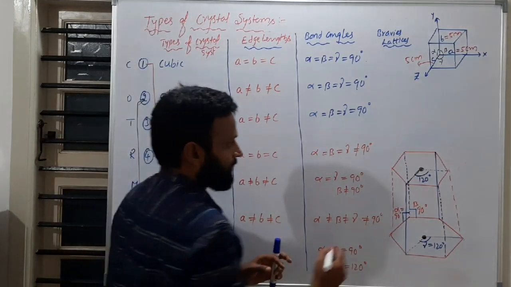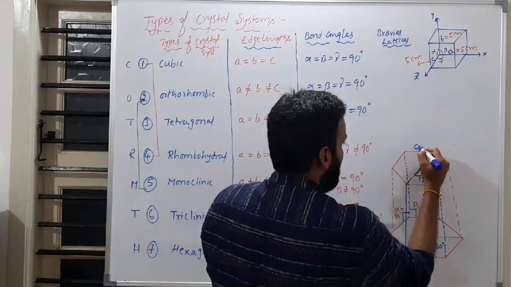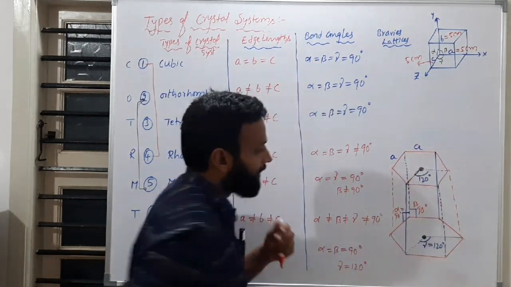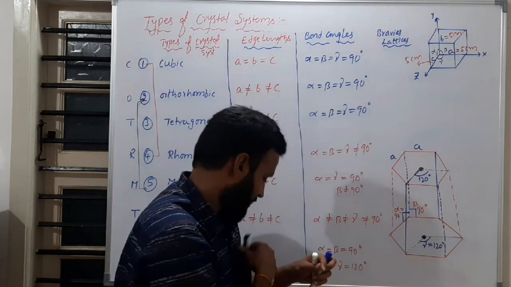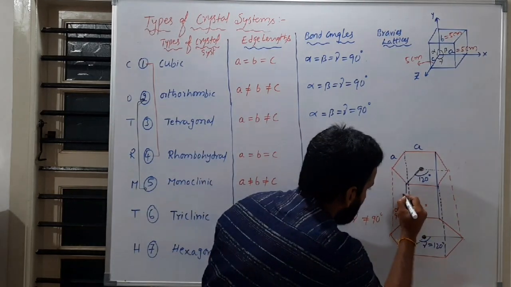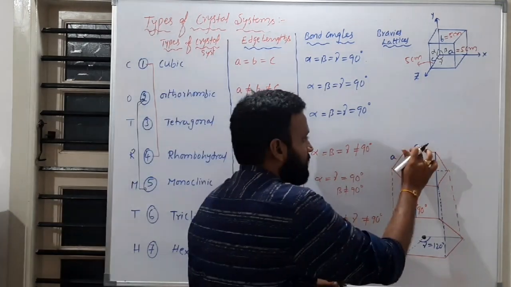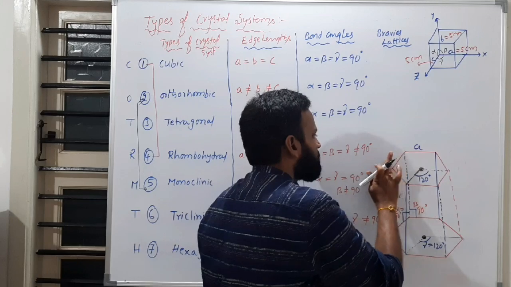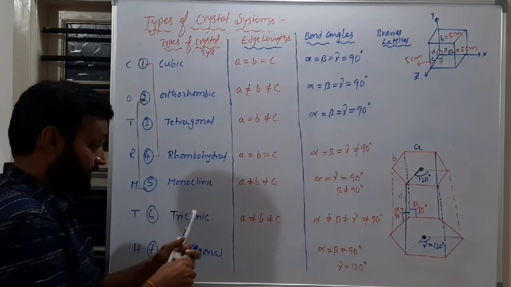Edge lengths also like that. This is A, here you have A, and this is A. A and A are the same, but this one, this dark blue one, that is C. So C is different. As I told, this is A and suppose this is B. A and B are the same, but C is different.